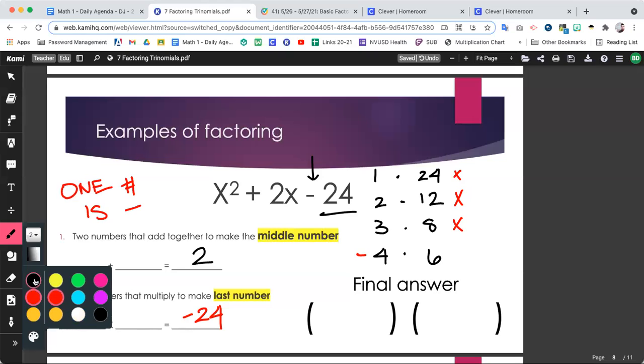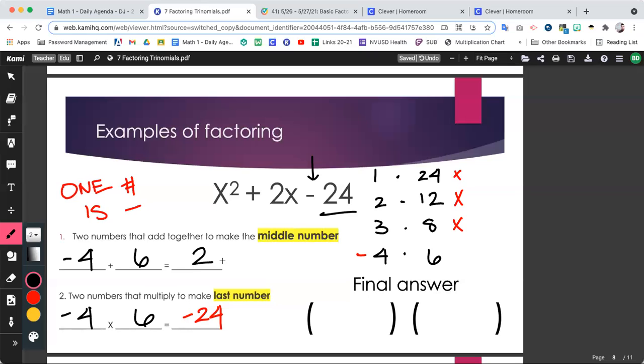We're going to plug these numbers in and see if it works for both lines. So if I put -4 right there and 6 here, and then -4 here and 6 here, -4 plus 6 gives me +2, that works. -4 times 6 is -24, that works. Easy peasy.